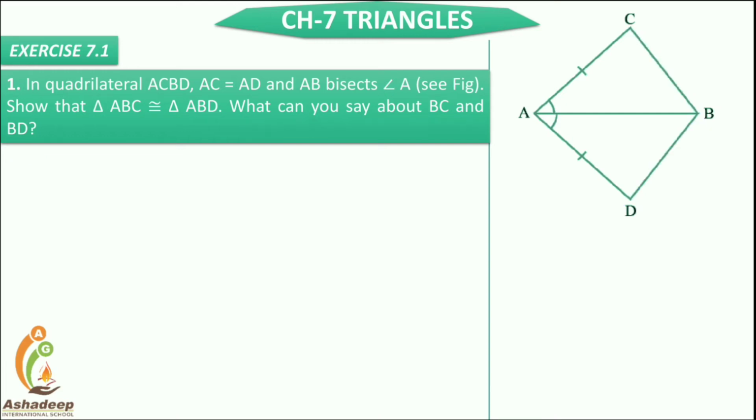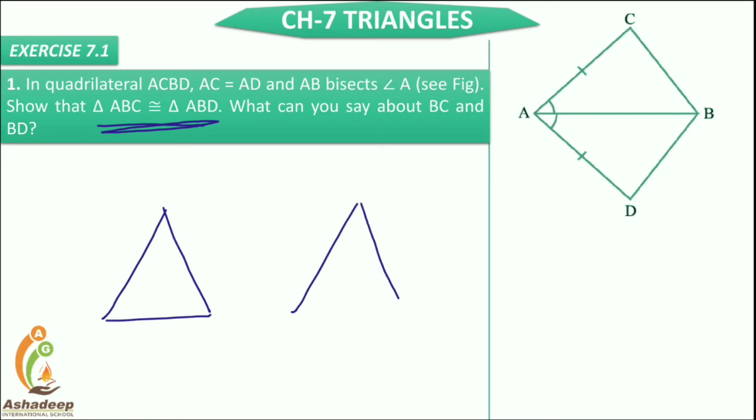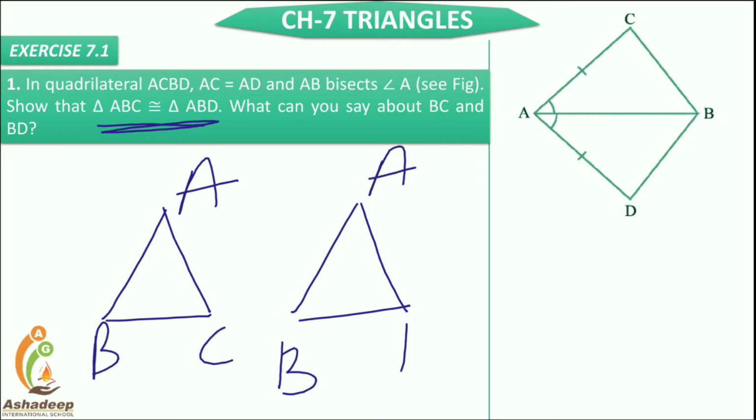Now let's see step by step. For solving any sum, first of all, what you need to do is draw the two triangles. Draw the two triangles, A, B, C and A, B, D. Now, what is given is AC is equal to AD. I made some mistake.